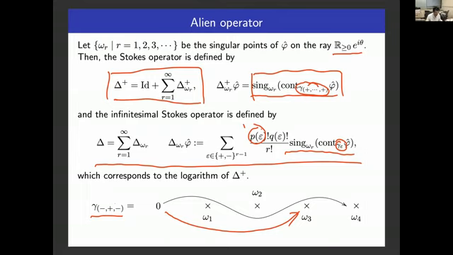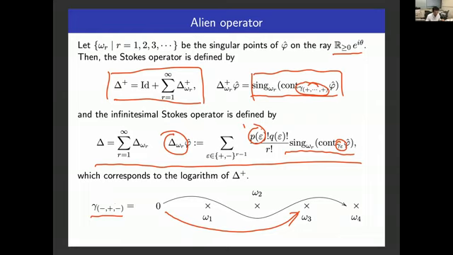One of the important points here is that this operator delta omega r is a derivation, and so it behaves very well. Because this operator is a derivation, it is called the alien derivative.